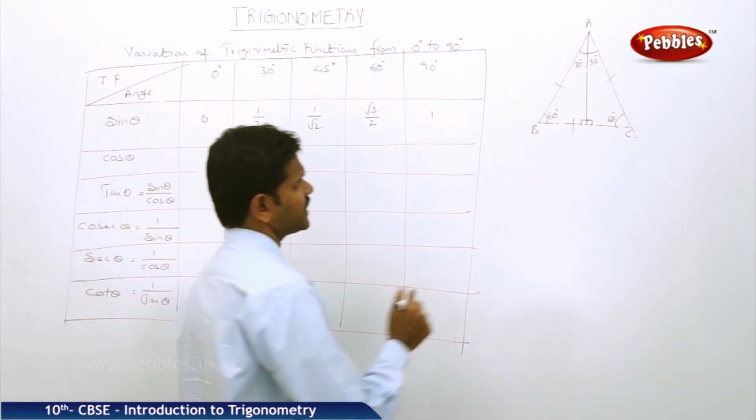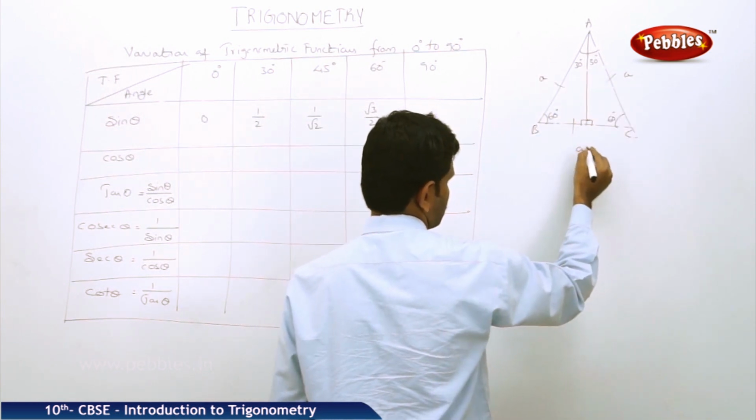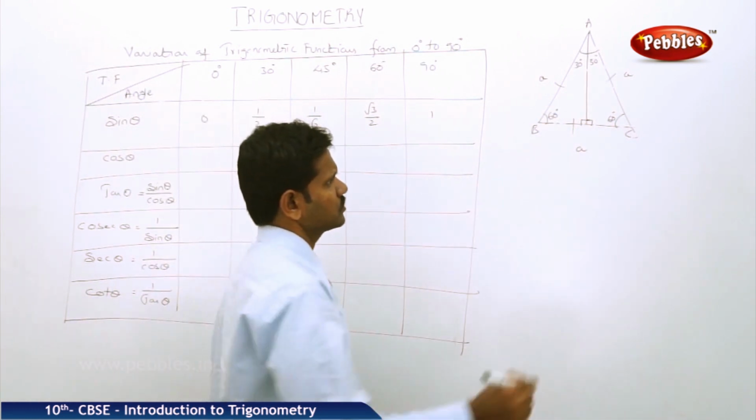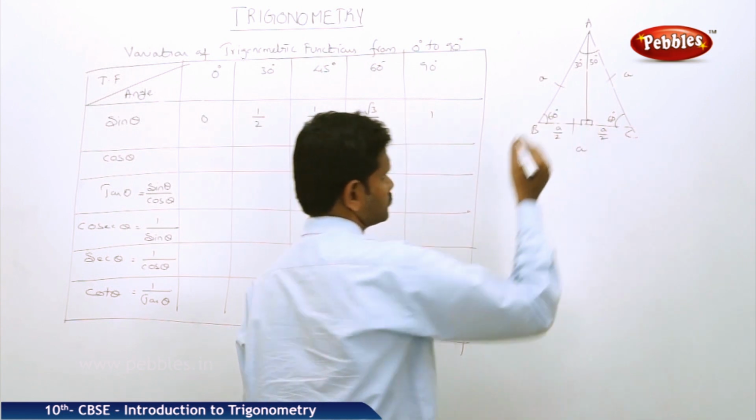All sides are equal, A, but it is divided into two equal parts. Therefore, this is A by 2 and this is also A by 2.